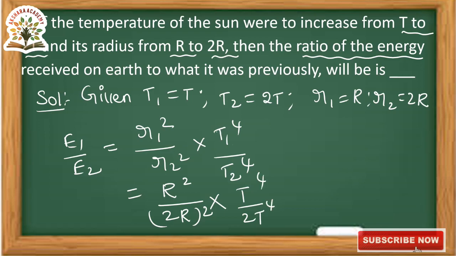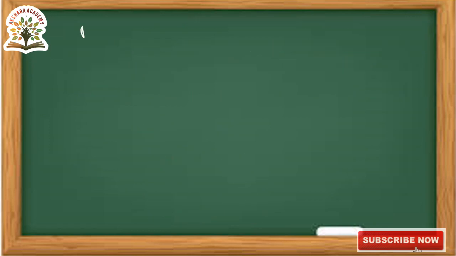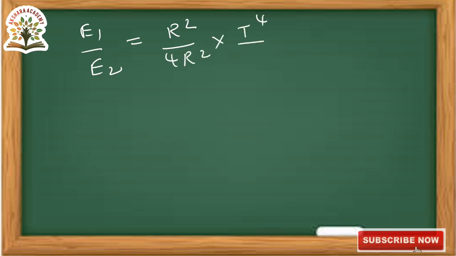So next, E1 by E2 is equal to R square by 4R square into T to the power of 4 by 2 power 4, which is 16 T power 4. T power 4 cancels, R square cancels. 1 by 4 into 16 is 1 by 64.